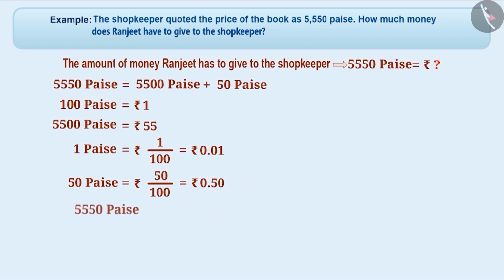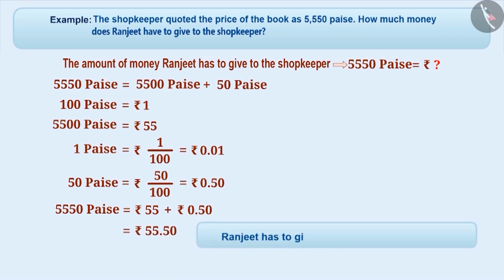Therefore, 5,550 paise equals 55 plus 0.50, that is 55.50. So Ranjit should give 55.50 rupees to the shopkeeper.